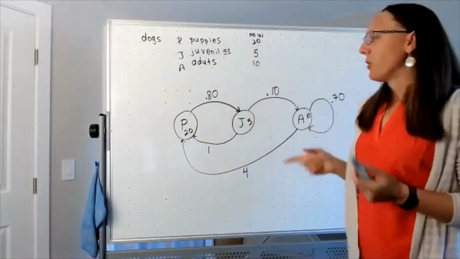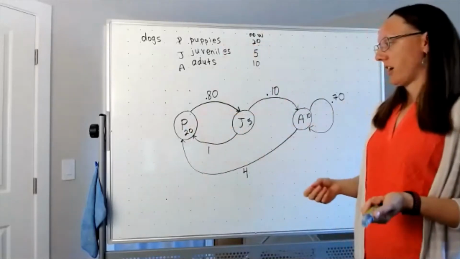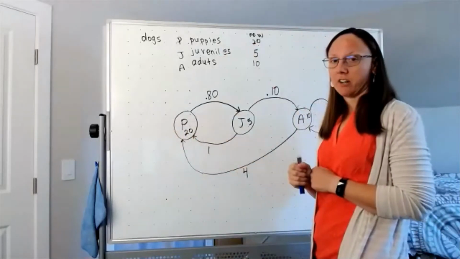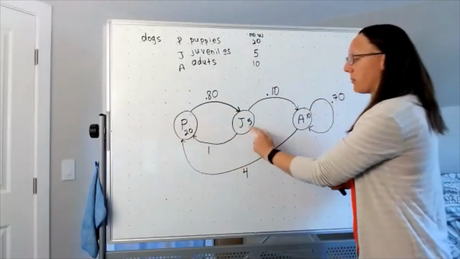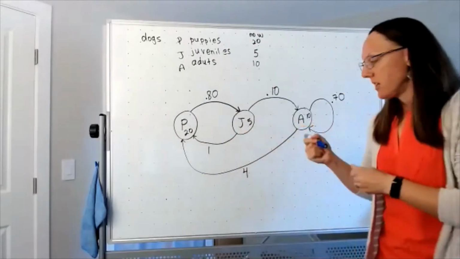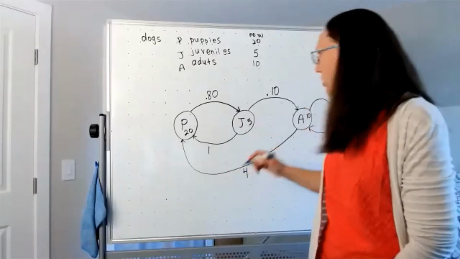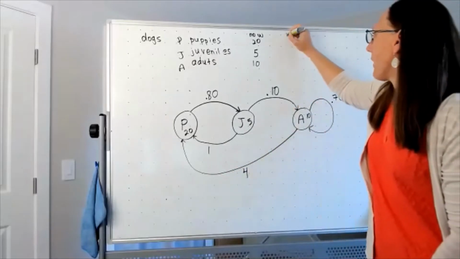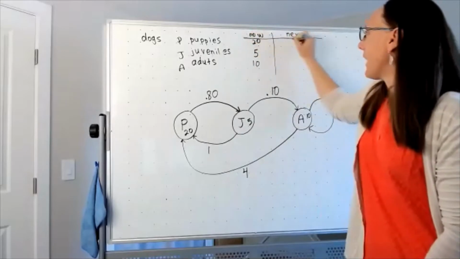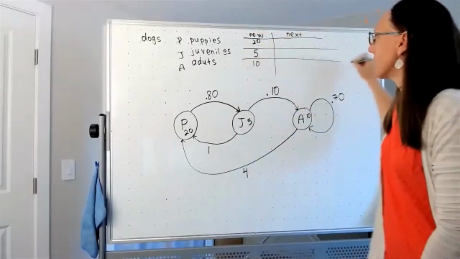So if I want to know how many puppies there are next year, well, the number of puppies next year depends on the number of juveniles I have this year and the number of adults. So I've got a now and a next.